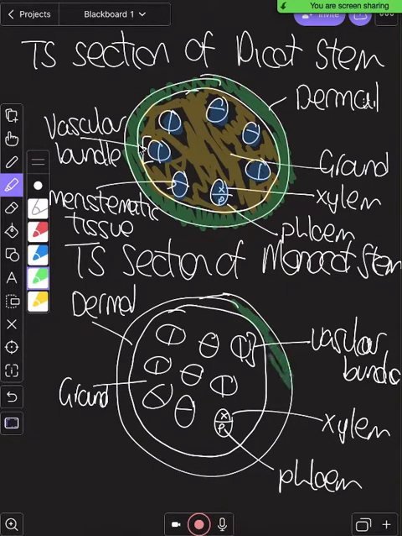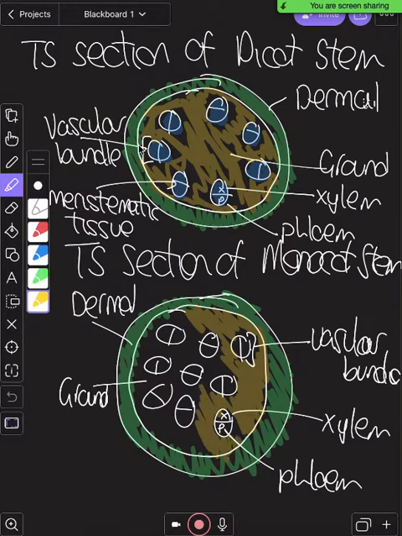So what's the difference between the two sections? The difference is in the vascular bundles, and what's the kind of arrangement difference? The monocot one is not in a ring.